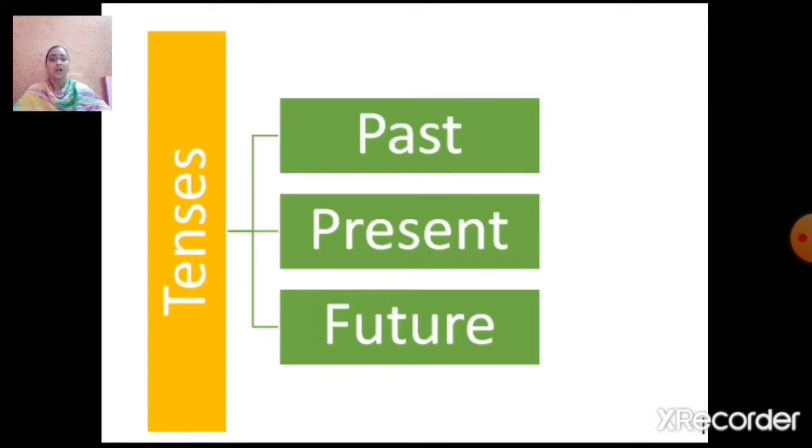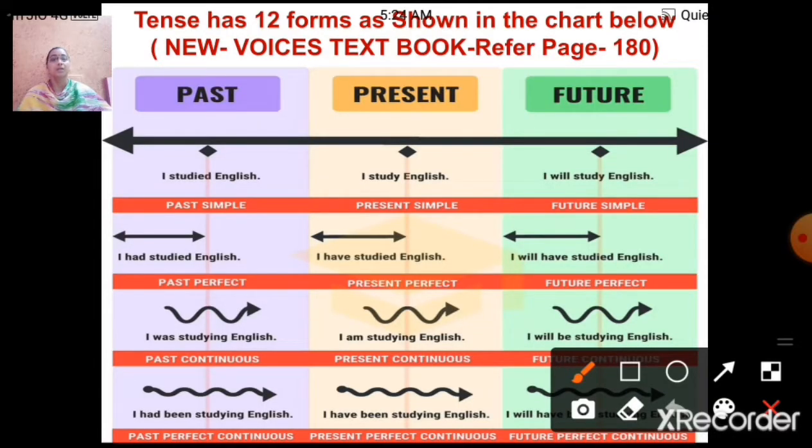Okay students, we will be deeply discussing all this step by step. In this session we will be learning present tense, and in our next online session we will continue with past tense and future tense. Now students, past tense, present tense and future tense all have subcategories. There are 4 subcategories under each of them.